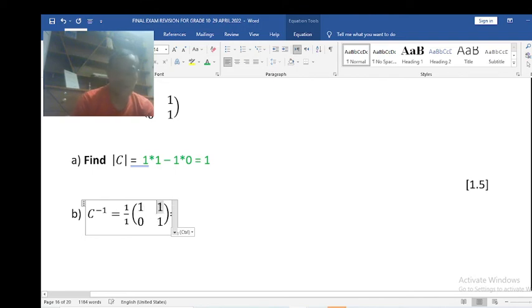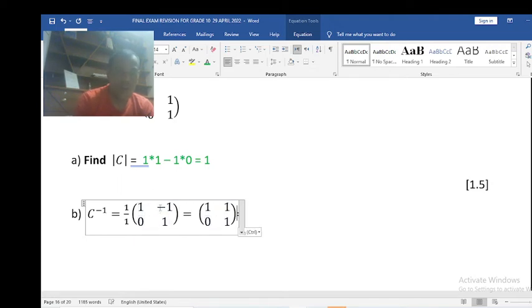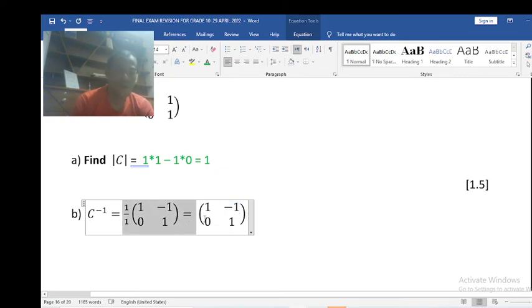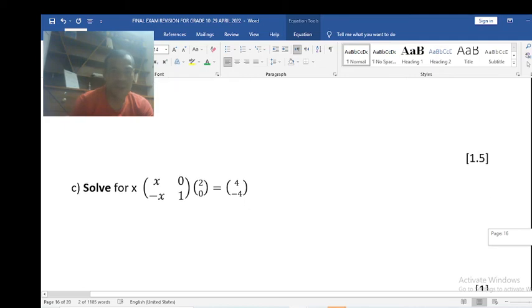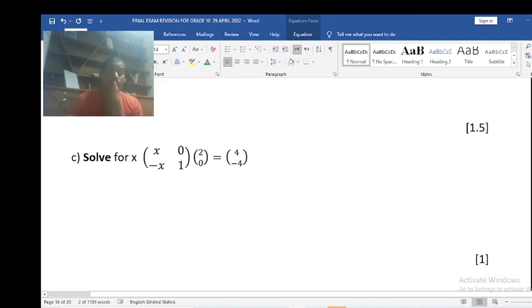I will just make a negative sign, which is equal to (1, -1), because 1 divided by 1 is 1, and this is the last answer. Then we go to the next one. Solve for x: matrix x multiplied by (2, 0) is equal to (-4, 4). So x multiplied by 2 is 2x.